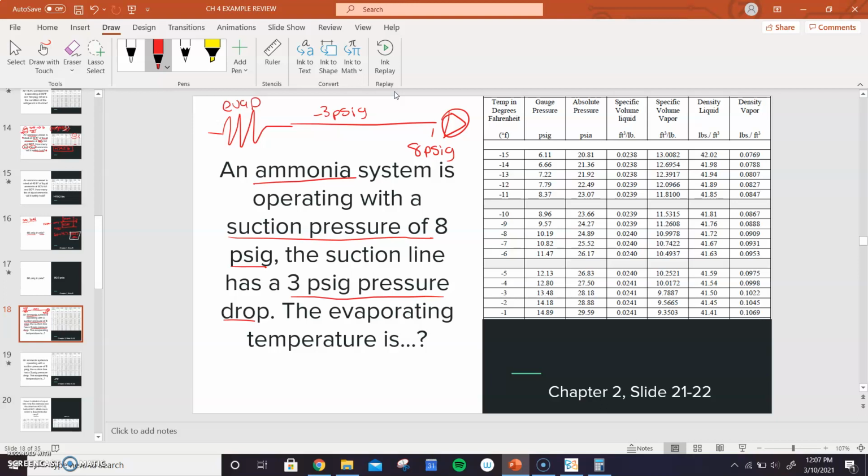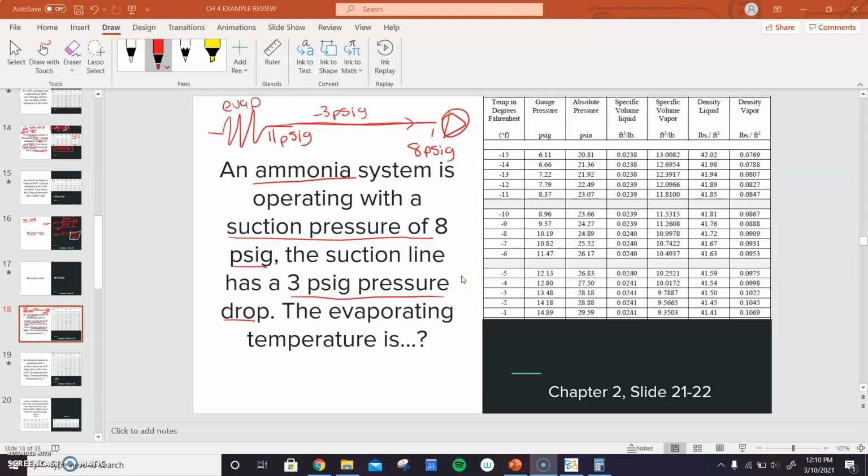That means that our evaporating pressure is going to be, since we lost 3 psig before we got to here, 8 plus that 3 back that we lost. So 8, 9, 10, 11. So our evaporating pressure should be 11 psig.